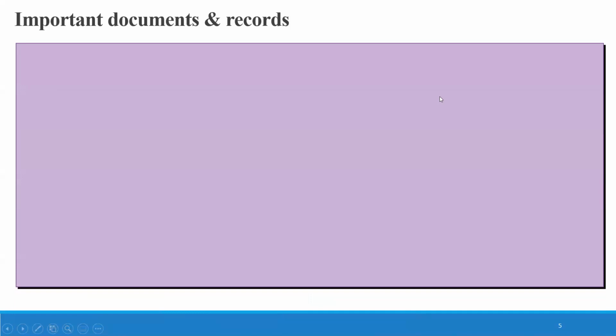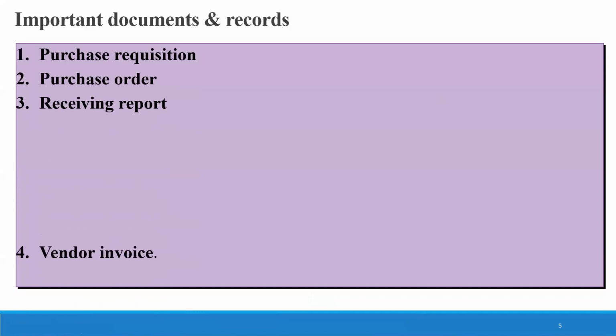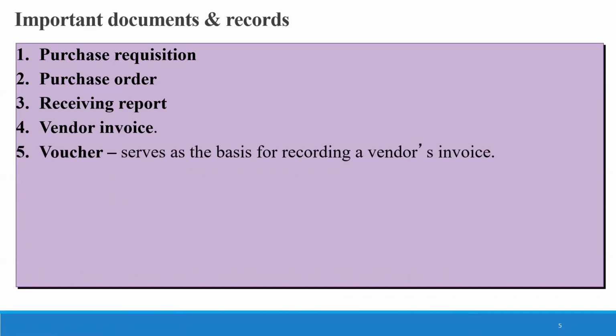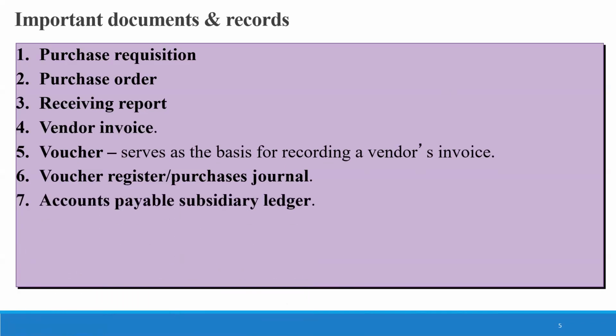So a lot of important documents and records are involved in the process. Important documents would include the purchase requisition, order, receiving report, the vendor invoices, and the voucher. We are going to talk about the voucher in more detail. And also accounting journals like the voucher register and purchase journals. And in the subsidiary ledger, we are going to do a good accounting for the accounts payable ledger.